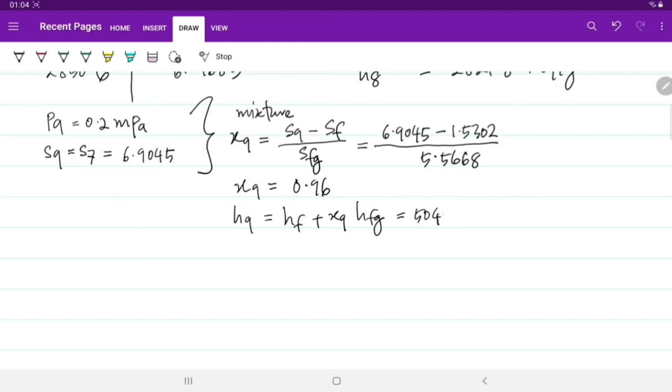Okay, 504.71 plus x 0.96. HFG, refer back to the steam table, 2201.6. So your H9 is 2618.7.